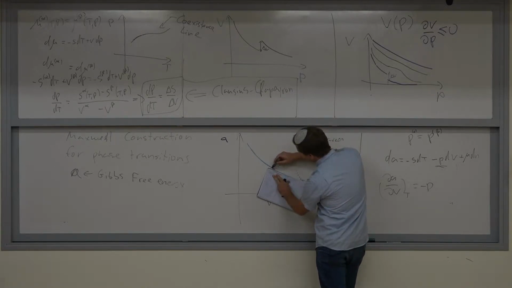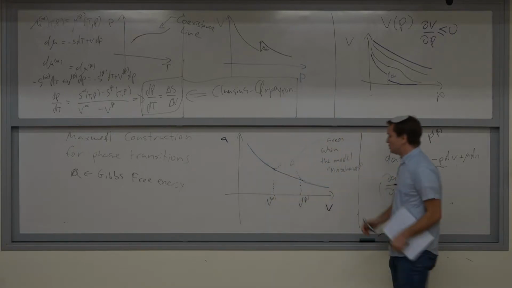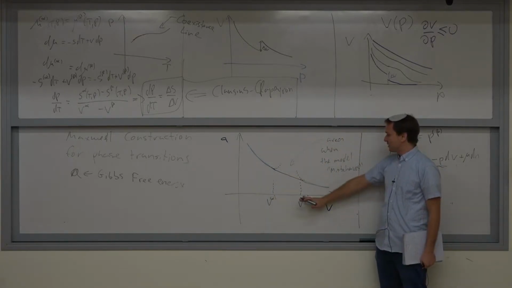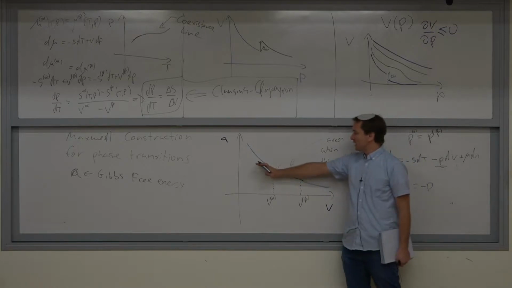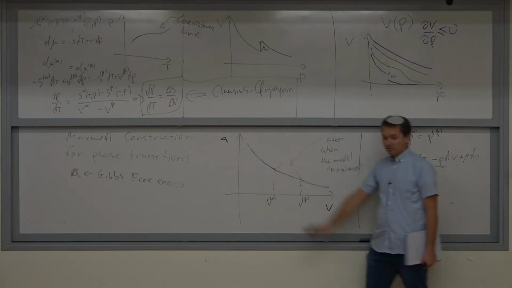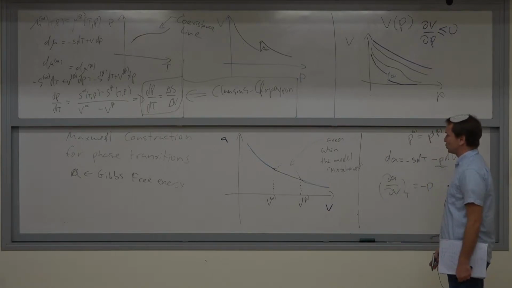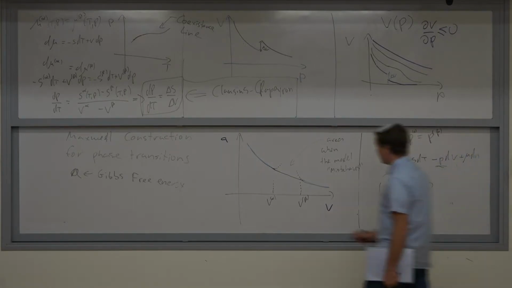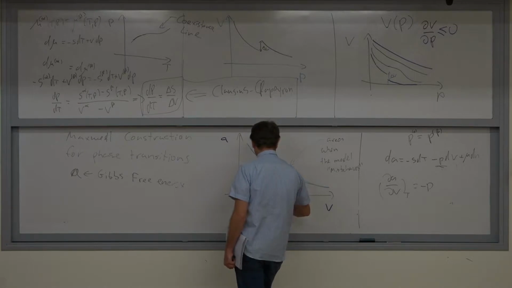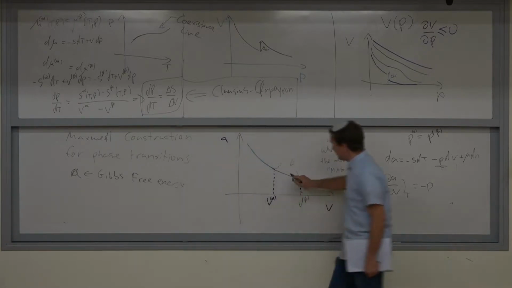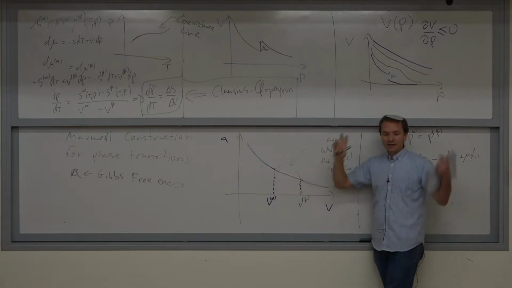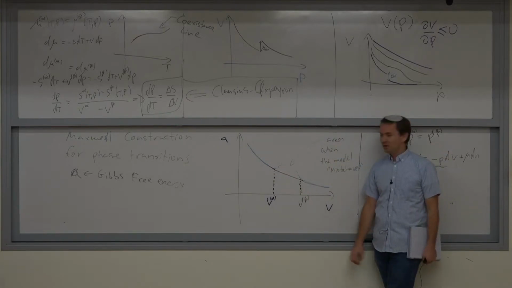I should draw a straight line which coincides with my behavior over here and coincides with the behavior of A over here. What I mean by coincide is that the slope is equal. And this is my approximate true behavior of the system.